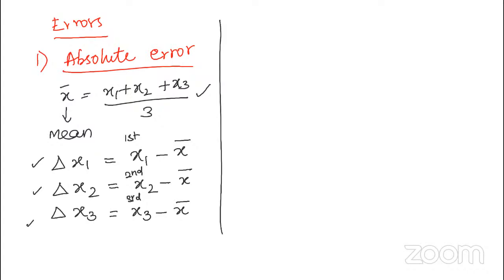Next, the second one, that is the mean absolute error. Mean value, whatever it may be: if 5 numbers are given, we add the 5 numbers and divide by 5. Here we know the values of absolute errors, and we are taking only 3.